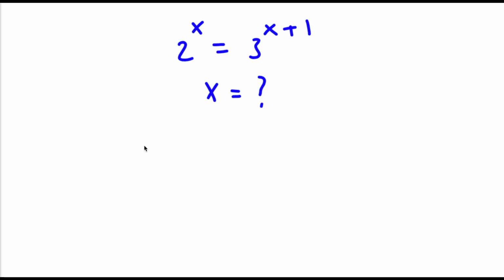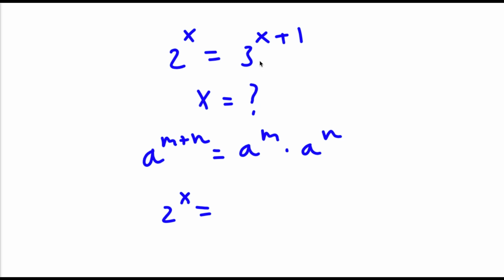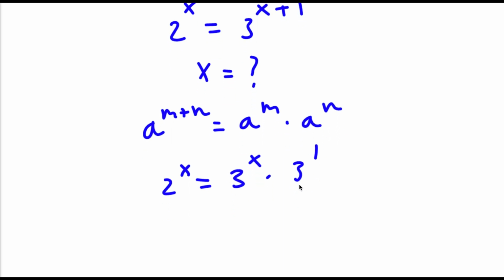So first off, if I have something in the form a to the power of m plus n, this is equal to a to the power of m times a to the power of n. So now I have 2 to the power of x is equal to 3 to the power of x plus 1. We could rewrite this as 3 to the power of x times 3 to the power of 1.